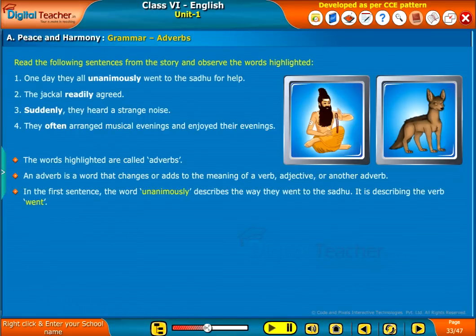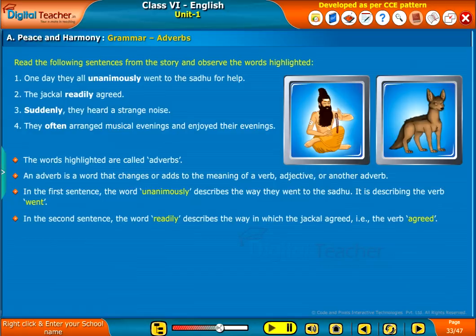In the first sentence, the word unanimously describes the way they went to the sadhu. It is describing the verb went. In the second sentence, the word readily describes the way in which the jackal agreed. That is, the verb agreed. Similarly, the word suddenly describes the verb heard.